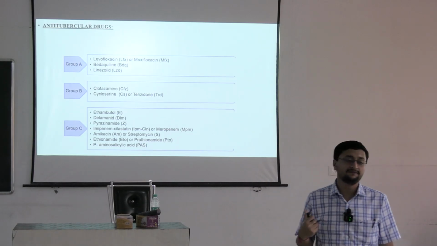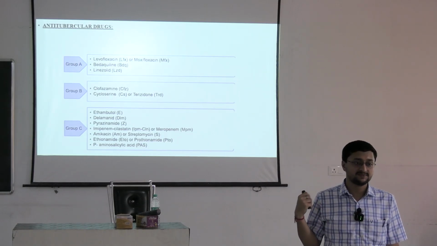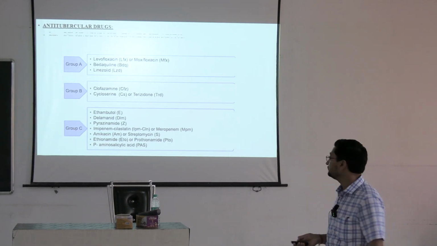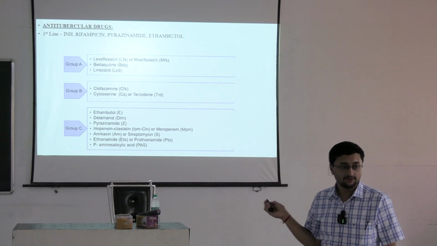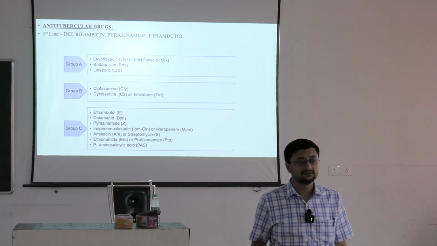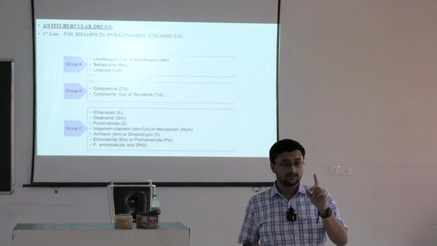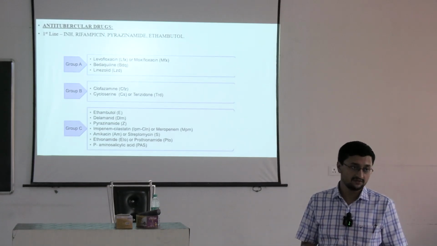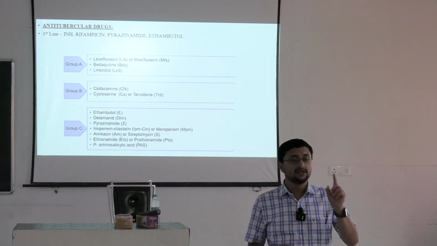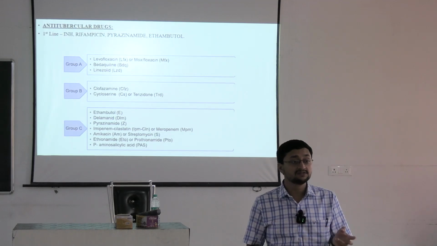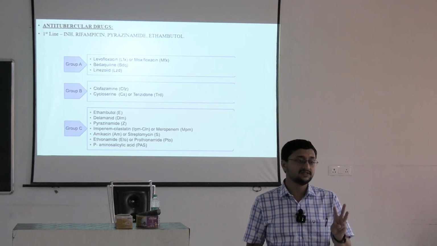These are the list of anti-tubercular drugs, specifically second line ATT. So first line are these 4: isoniazid, rifampicin, pyrazinamide and ethambutol, and second line are class A or group 1, group 2, group 3, A, B, C you can give. So A, that means 3 drugs in A: bedaquiline, levofloxacin or moxifloxacin, and another one is linezolid. Very good, 3 drugs.